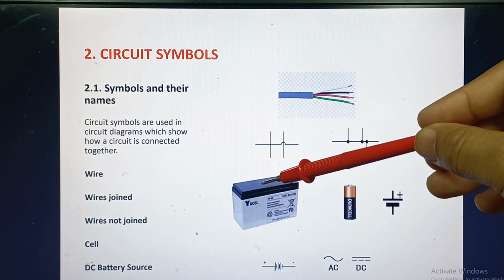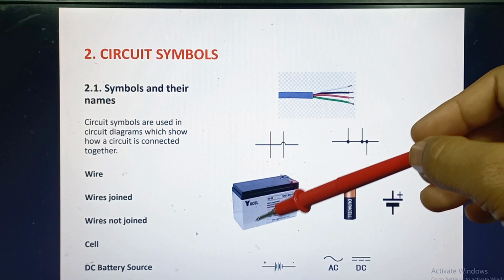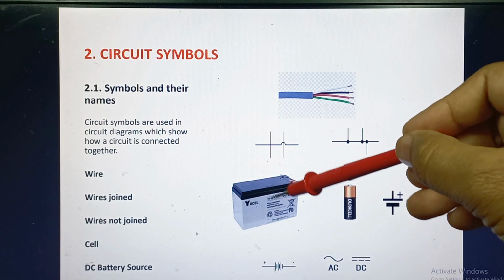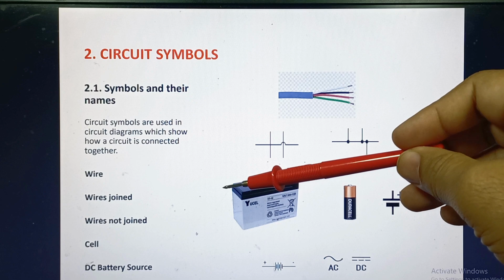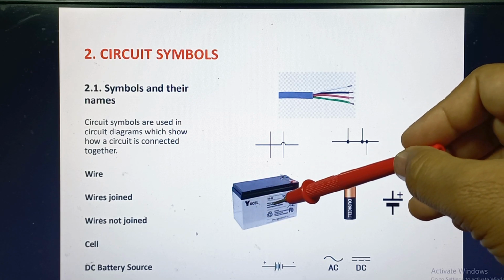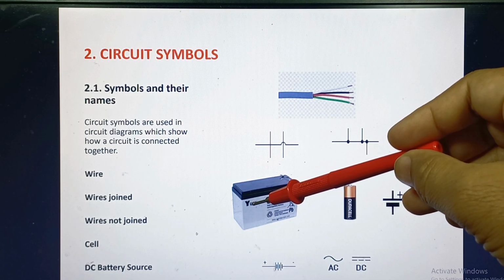This is a DC battery source having many cells inside mounting in this battery source, which are internally connected with each other in serial or in parallel combinations.